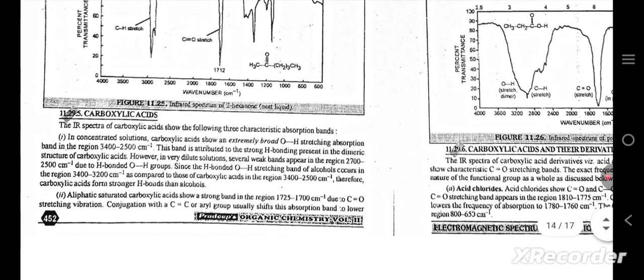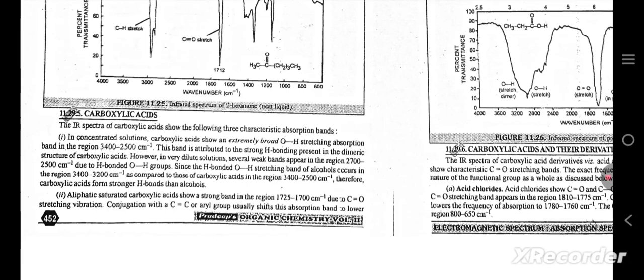However, in very dilute solutions, several weak bands appear in the region 2700 to 2500 cm⁻¹ due to the non-H-bonded OH group, since the H-bonded OH stretching band of alcohols occurs in the region 3400 to 3200 cm⁻¹ as compared to those of carboxylic acids in the region 3400 to 2500 cm⁻¹. Therefore, carboxylic acids form stronger H bonds than alcohols.